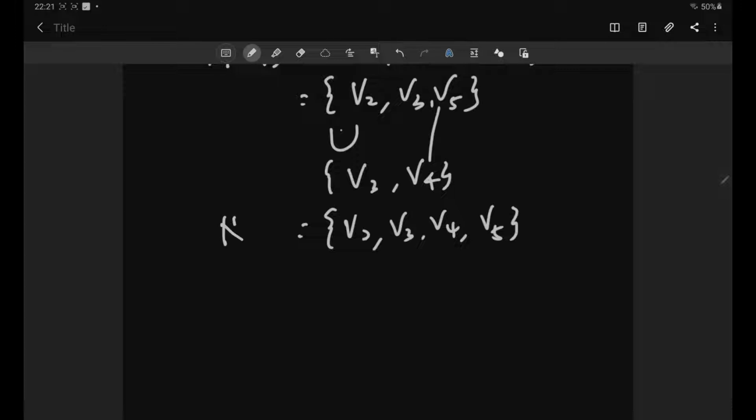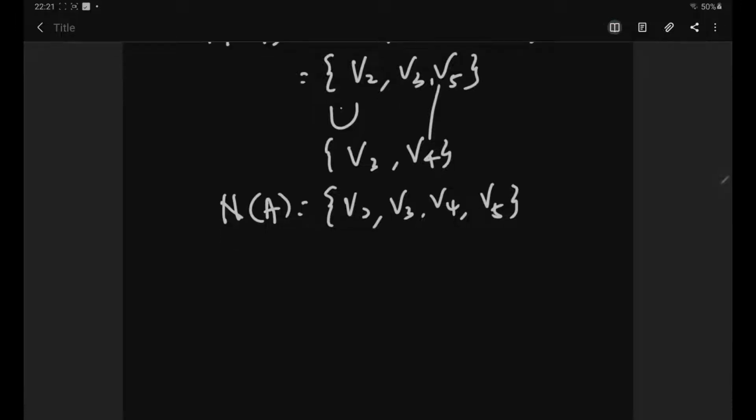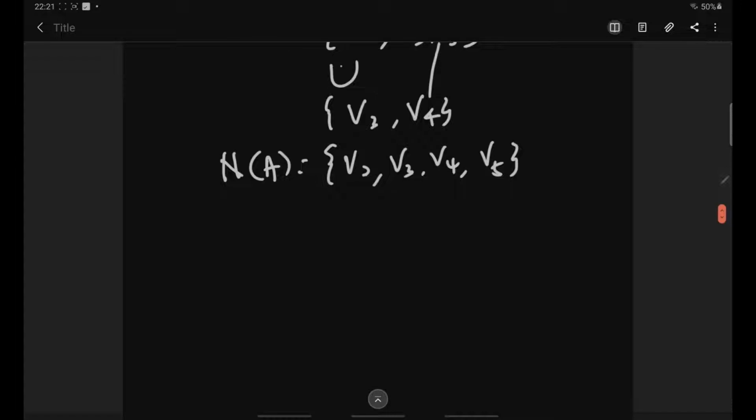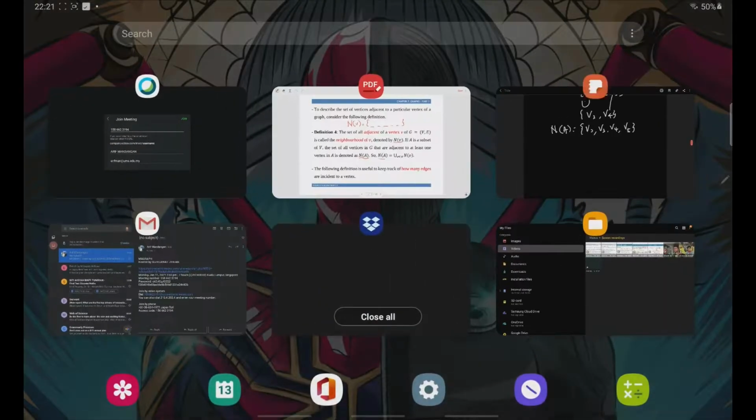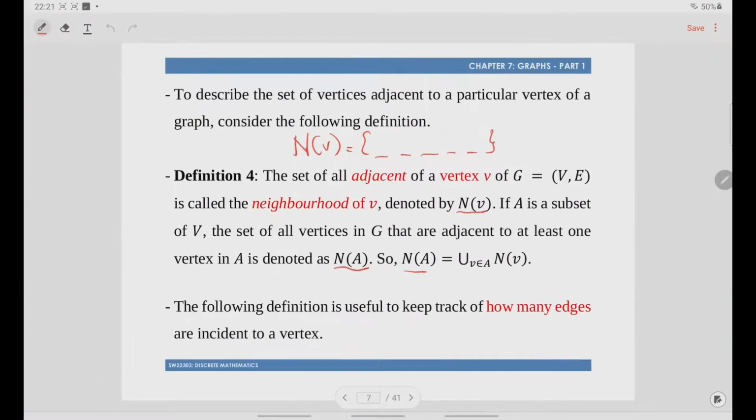So this is NA. I hope you can understand the definition, definition 4.